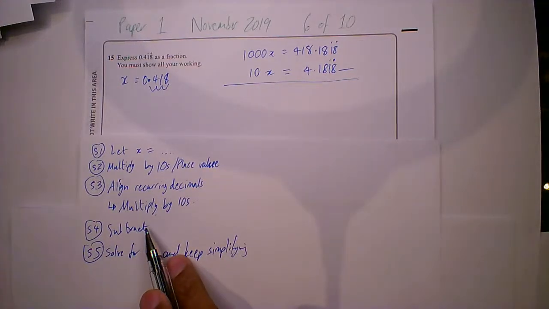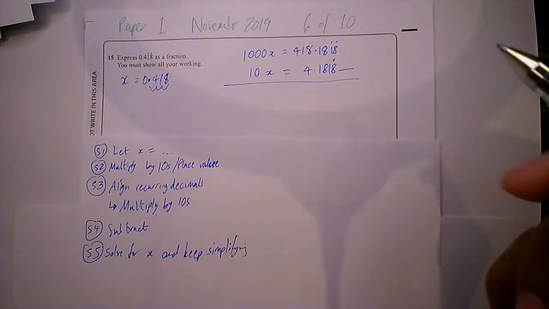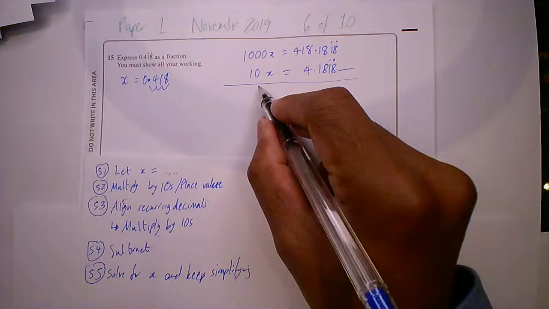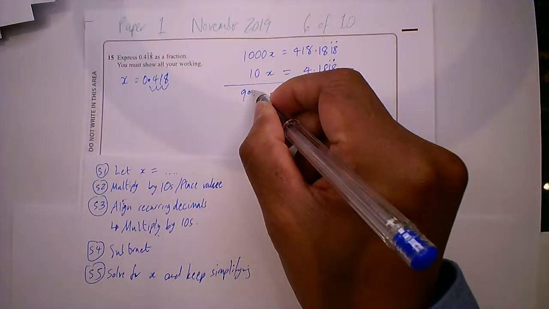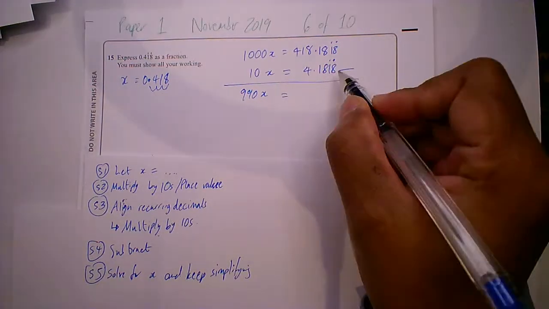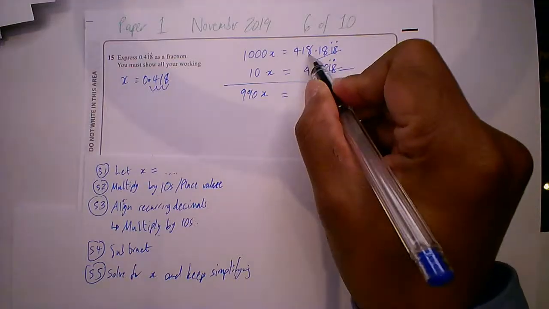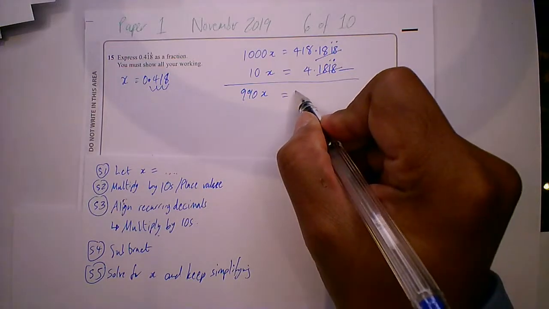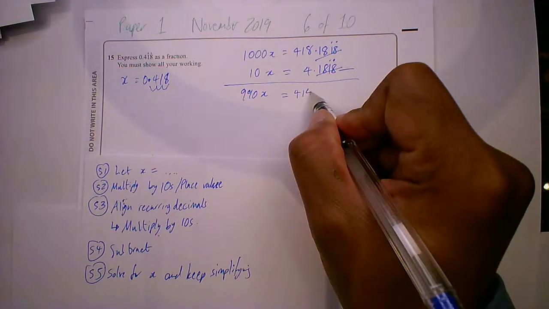The next step, I subtract them, and then I solve for x. So 1000x take away 10x gives me 990x equals, the decimal points cancel, 418 take away 4 is 414.